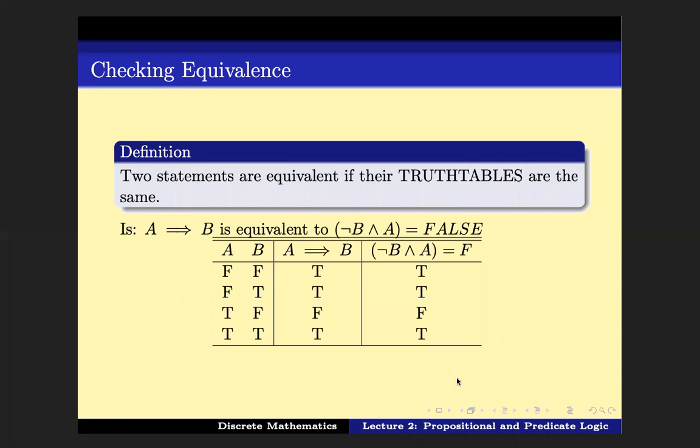If I have two functions that look different, somebody comes and says, consider x square minus 1, and somebody else says, no, consider x minus 1 into x plus 1. You know both of them are the same. Why are they the same?